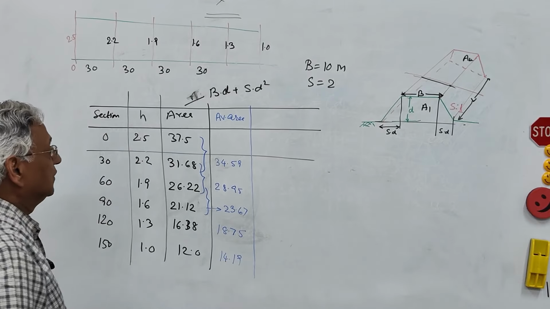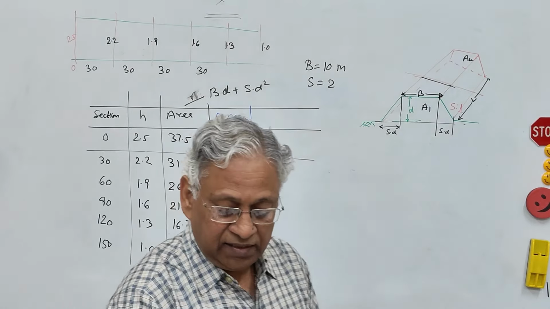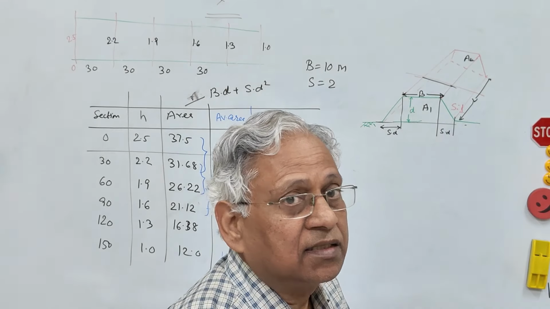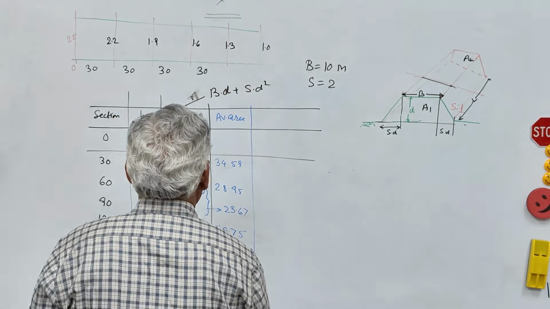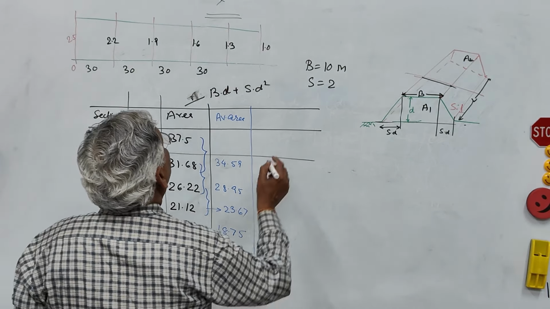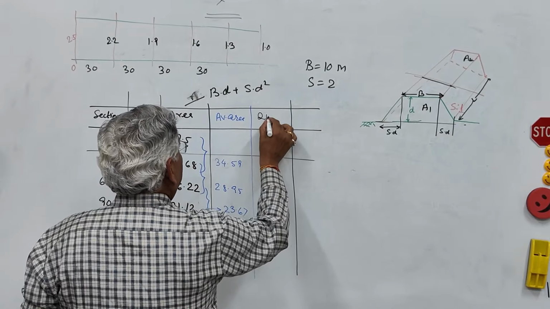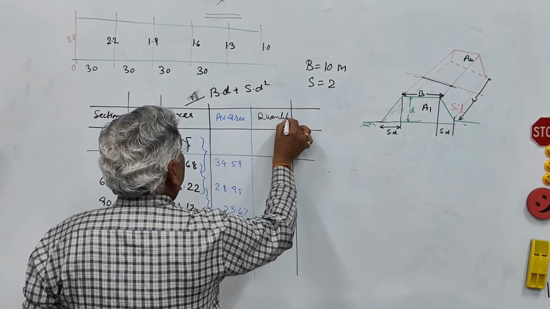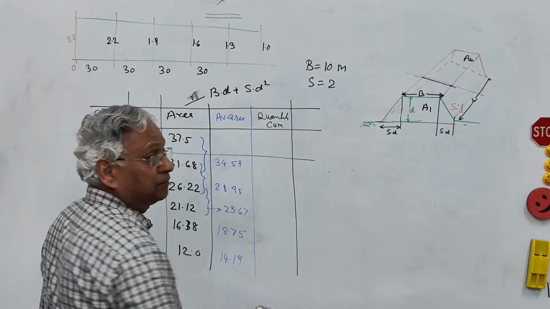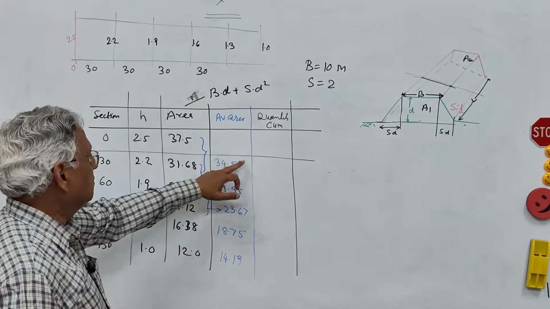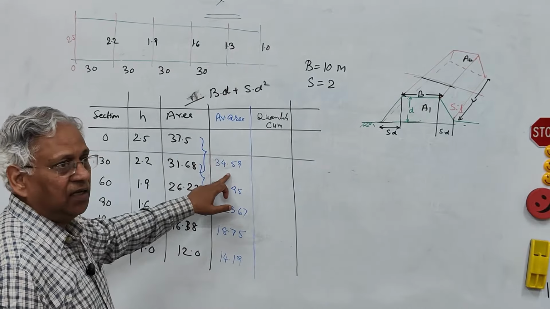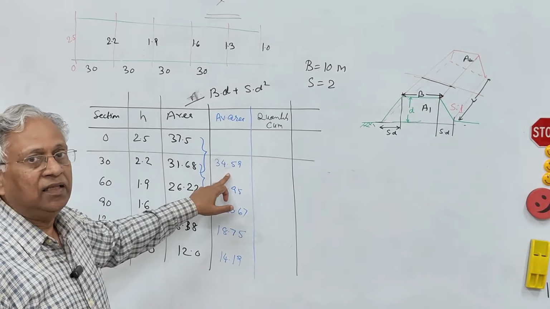14.19. Now you have the mean area, multiply this by the chain length, that is 30 meter. So you get the quantity in cubic meter. Quantity you can find out by multiplying this average area by the chain length, and the chain length is 30 meters.